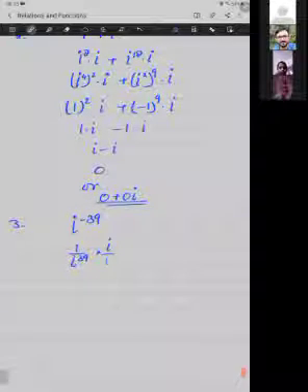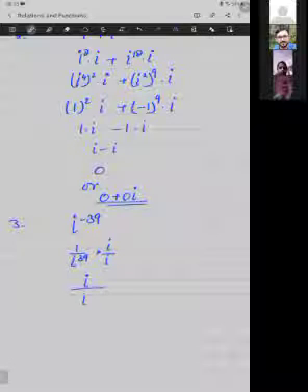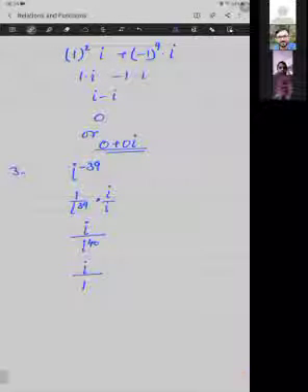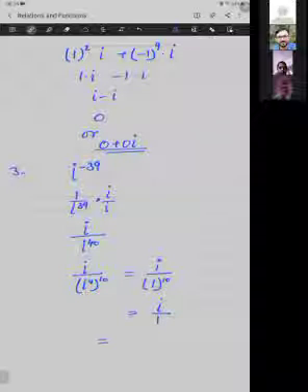It will be i upon i to the power 40. I could write i upon i to the power 4 to whole power 10. i to the power 4 is 1, and 1 to power 10 is 1 only. So i upon 1, or it will be 0 plus 1i.